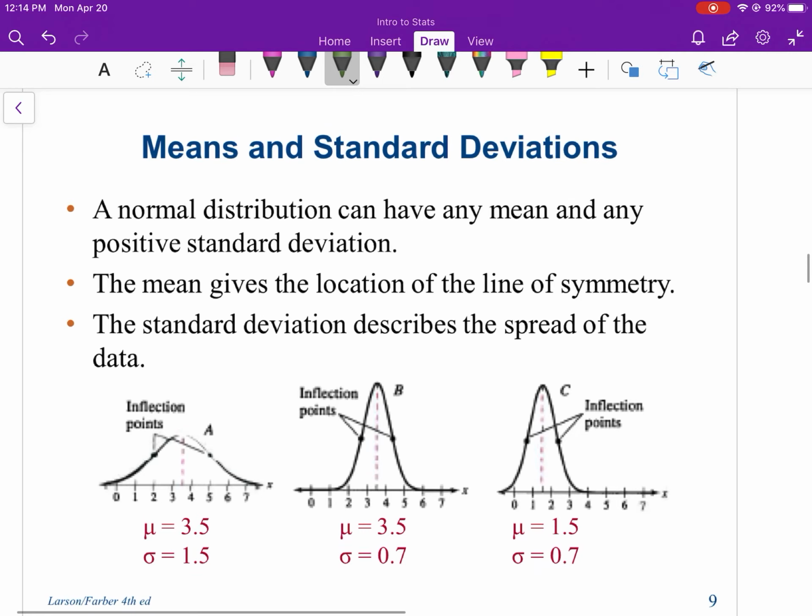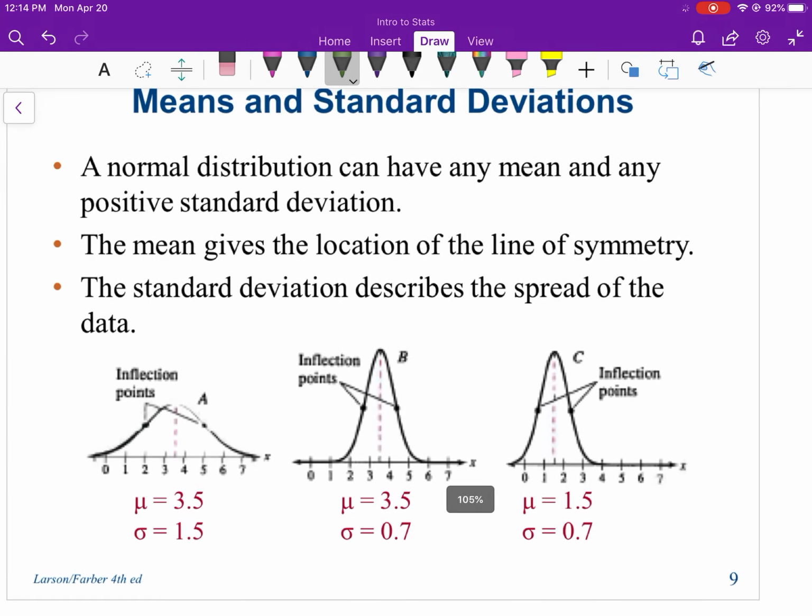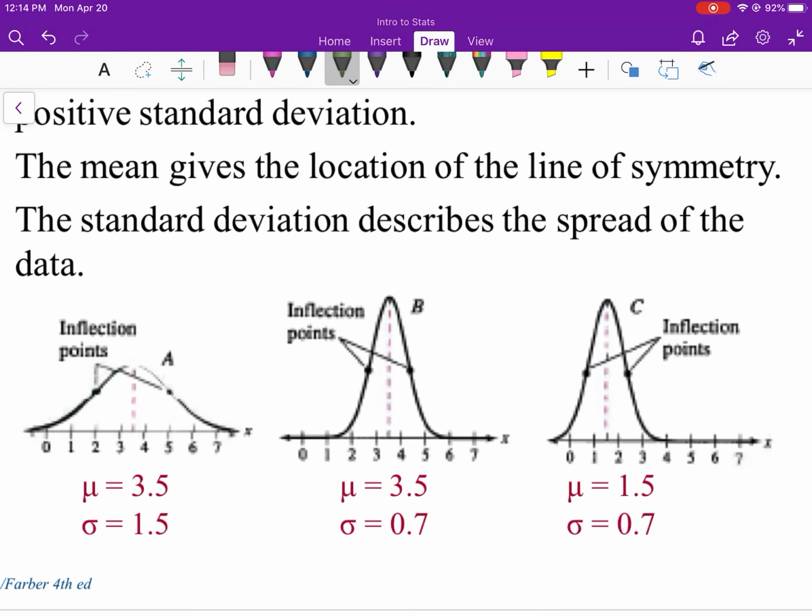Okay, so what we can gather from this slide is that we have the same mean on each graph, or at least for the first 2. When we have the larger standard deviation, the curve is more spread out.